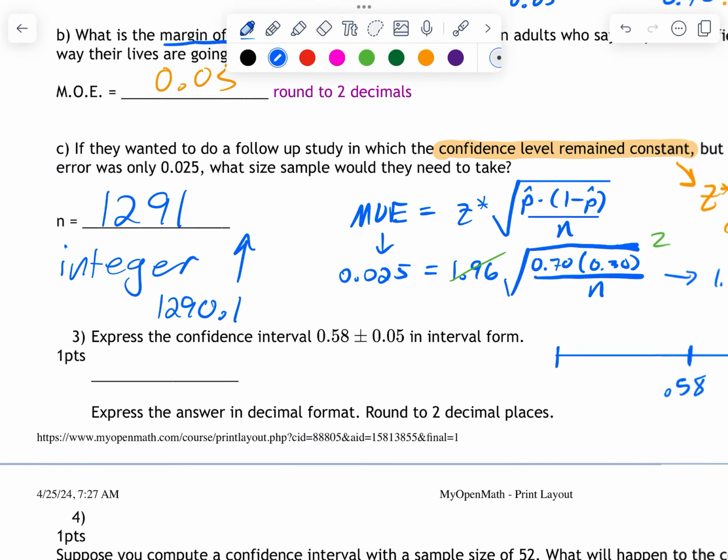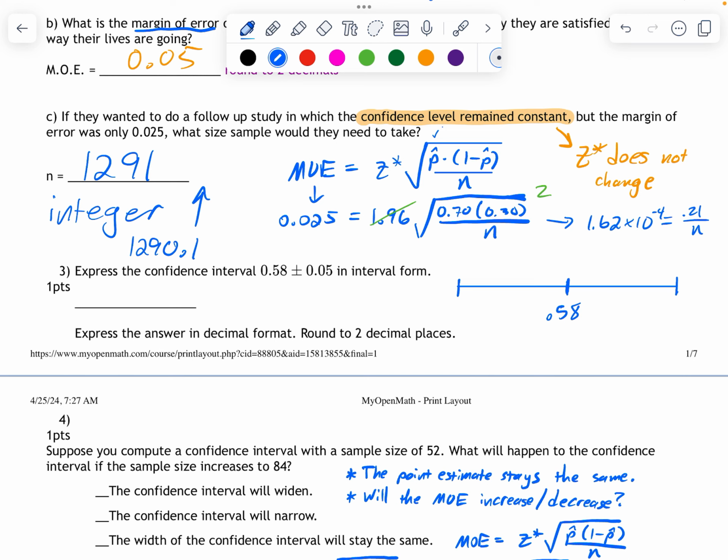Because if you round down, you are actually going to be making your margin of error go up a little bit, because sample size and margin of error are inversely related. As the sample size goes up, the margin of error goes down, and vice versa. So as n goes up, margin of error goes down.